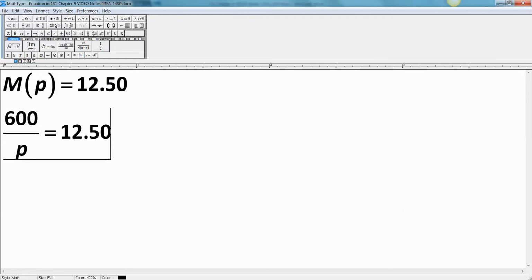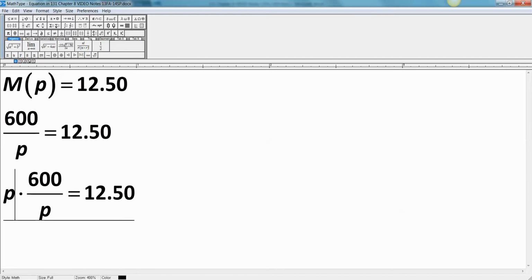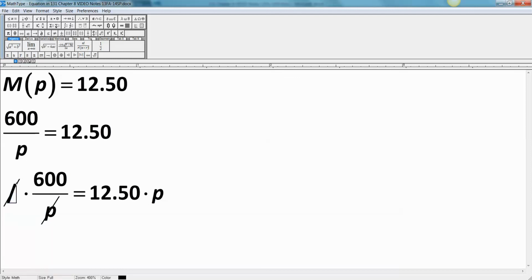How do we solve this? You want to get P out of the denominator. So you multiply both sides by P. If you do it to the left, you have to do it to the right to keep things copacetic. Then P divided by P makes 1. That's why you did it.